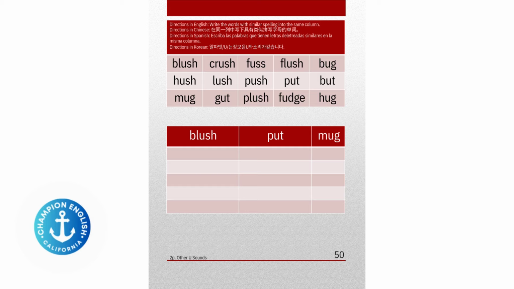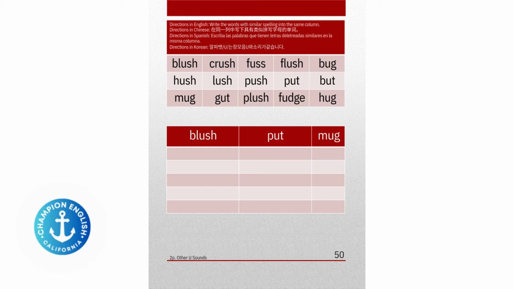column. Ready and go. 30, 29, 28, 27, 26, 25, 24, 23, 22, 21, 20, 19, 18, 17, 16, 15, 14, 13, 12, 11, 10, 9, 8, 7, 6, 5, 4, 3, 2, and 1.